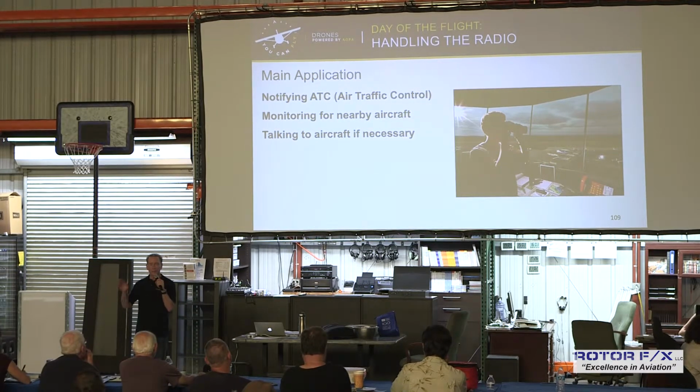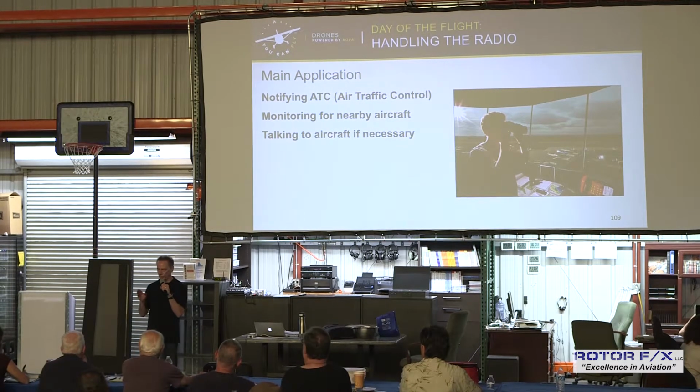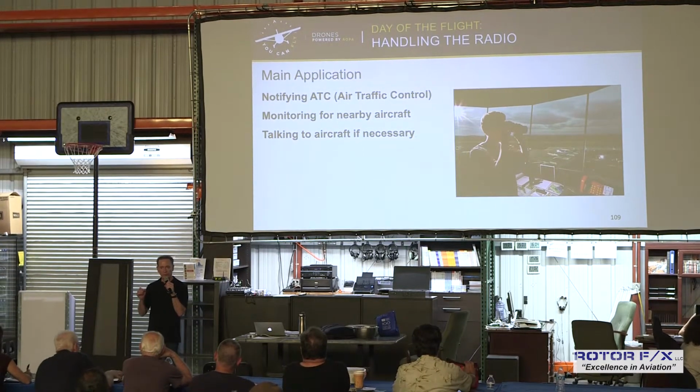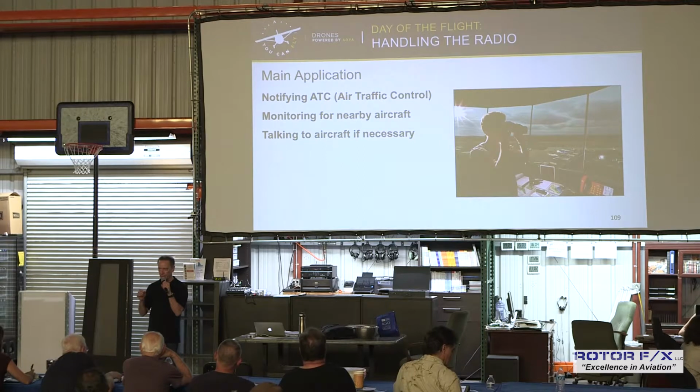Now, honestly, if you're a licensed Part 107 pilot and you're flying with authorization in controlled airspace, the FAA will probably not say that you're going to be in direct communication with the control tower unless there's an emergency.